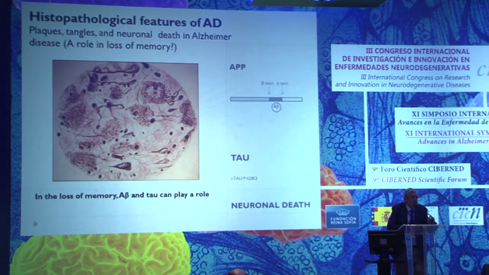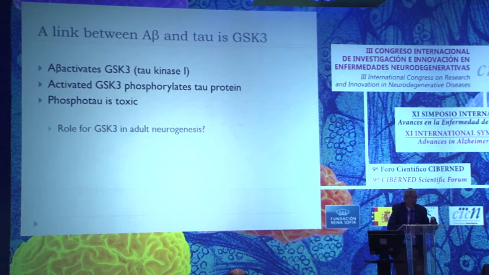It's well known that there are several connections between amyloid and tau, but the connections between tau, amyloid and memory are less known. One connection between amyloid and tau is through one enzyme known as GSK3β, mainly because it's the form that is mainly in the brain.